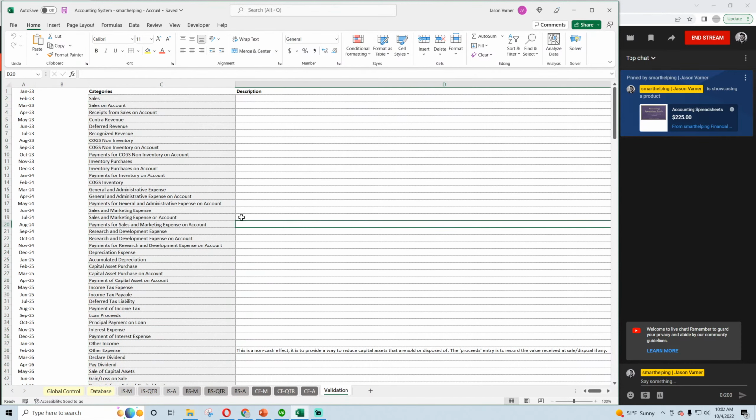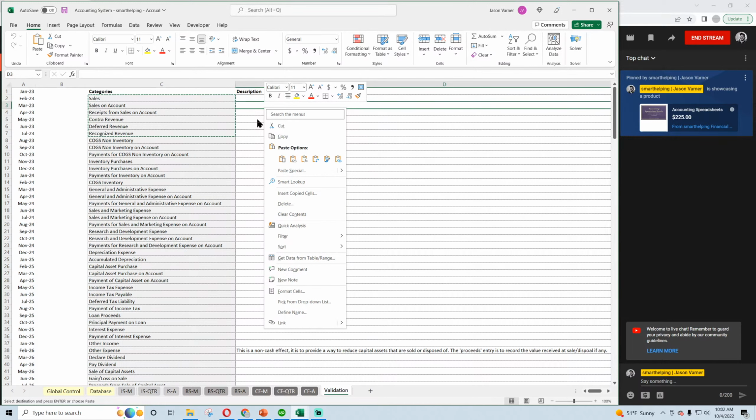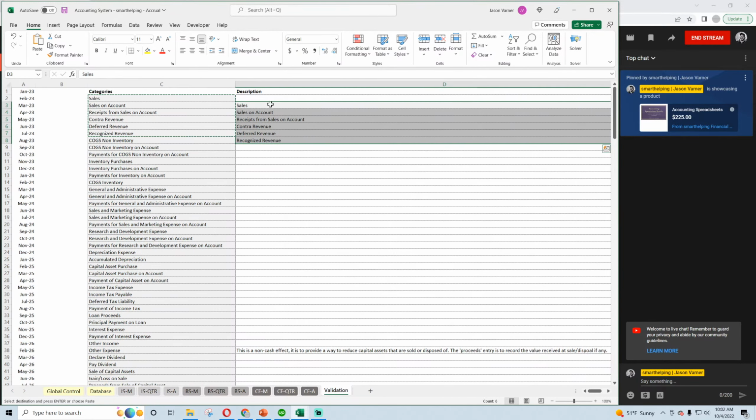Well, no, actually, before we get into that, let's organize this so we have descriptions here. So everything with sales, let's group together, make sure this is all grouped. So sales, sales on account, receipts from sales, contra revenue, deferred revenue, recognized revenue. So let's make these look a little nicer. We're going to give a space in between each one as well.